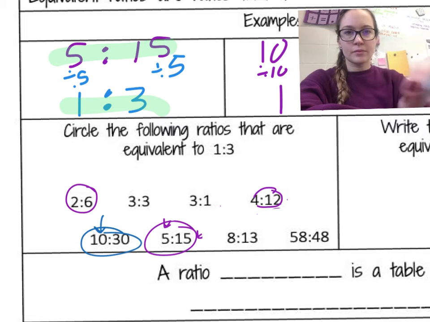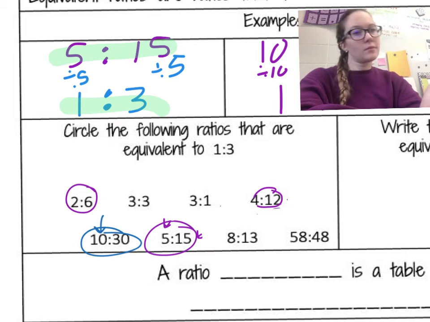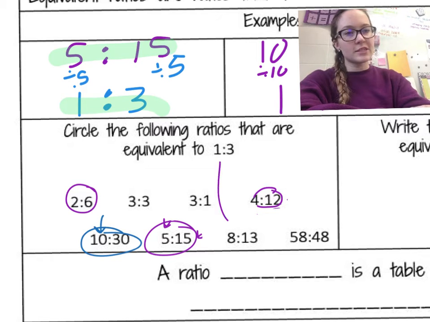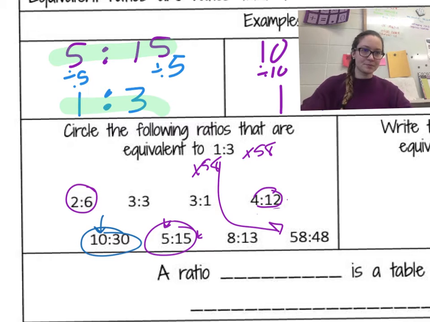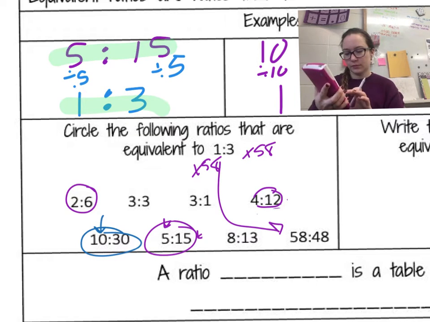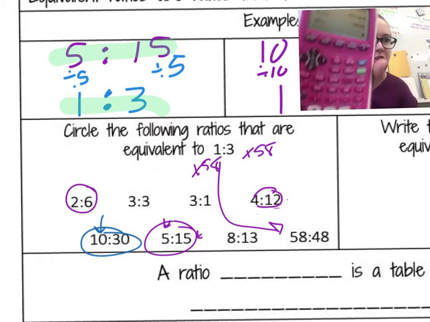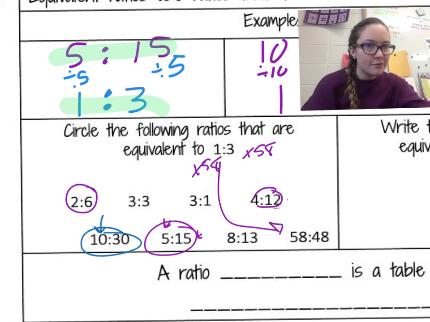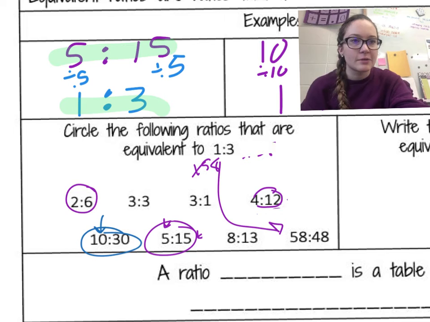Okay. So I'm going to take the last one, 1 times 58. Then I have to take 3 times 58, which is 174. That is not 48. That one does not work. That one is not equivalent.